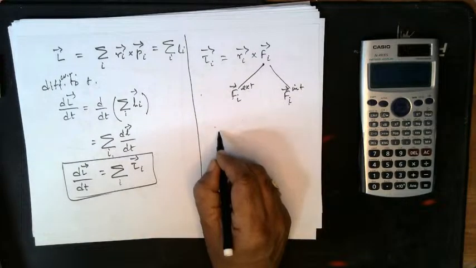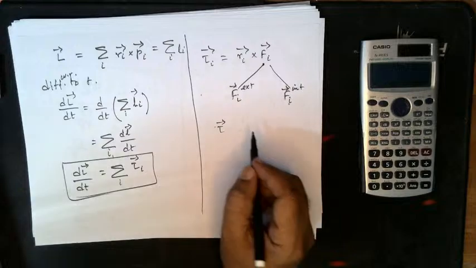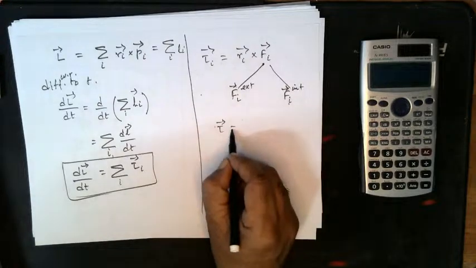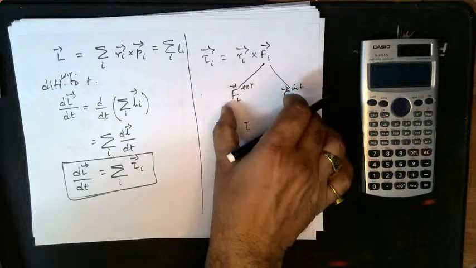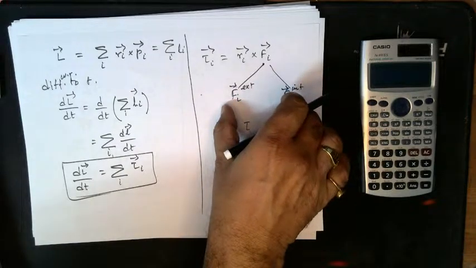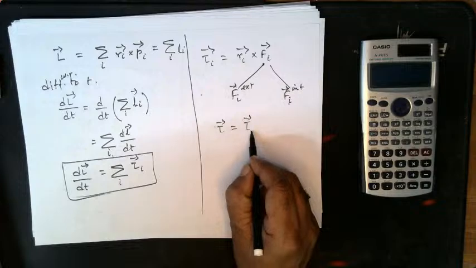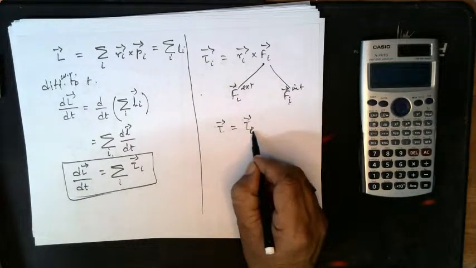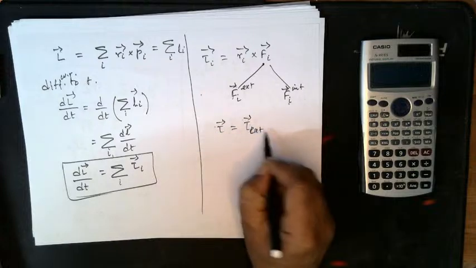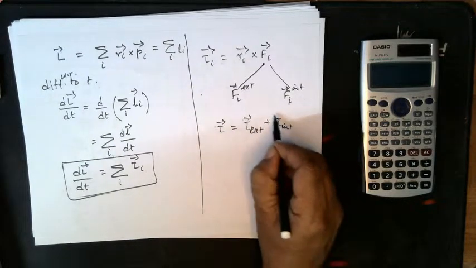Therefore, tau is equal to the sum of, similar to the external and the internal forces. So, tau vector is tau external vector plus tau internal vector.